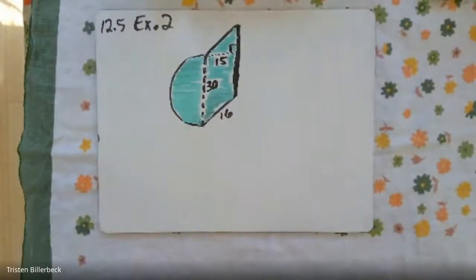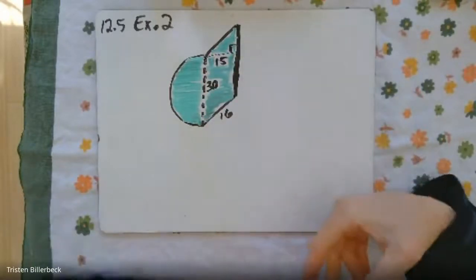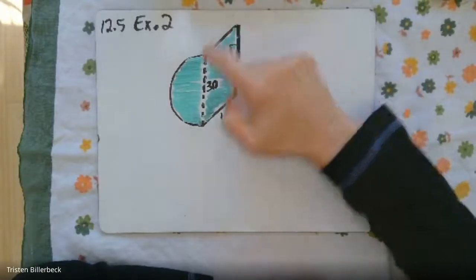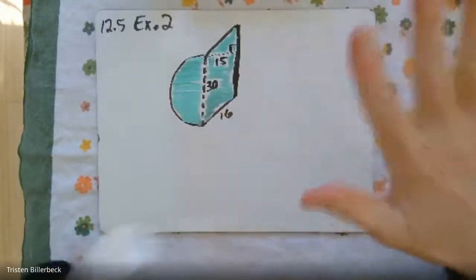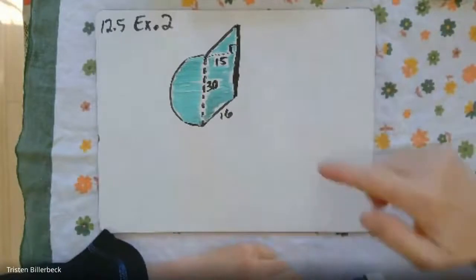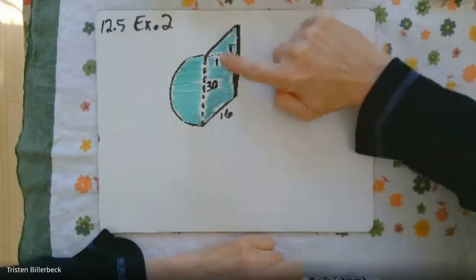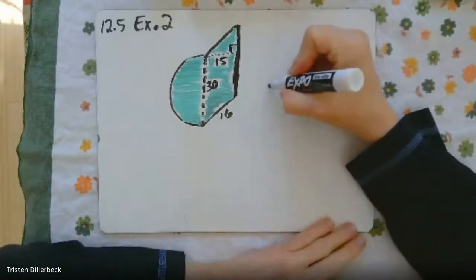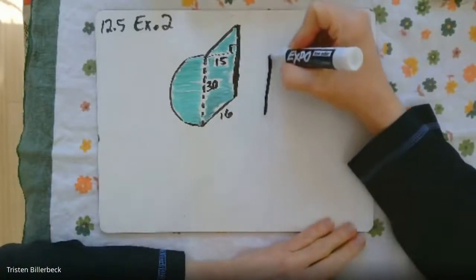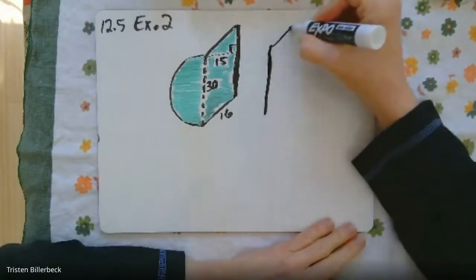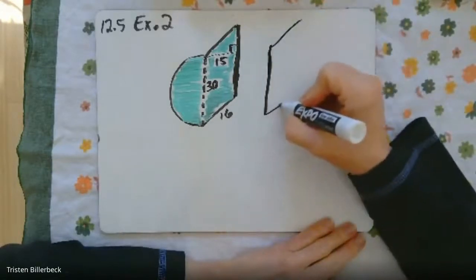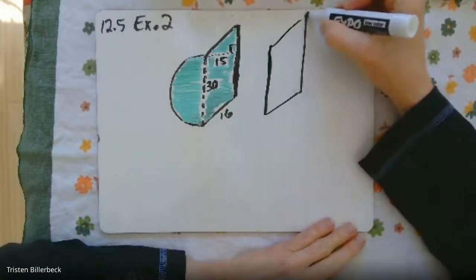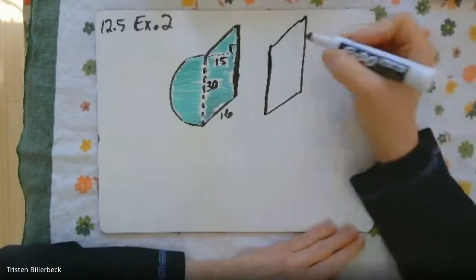All right, so this one, we could get really confused and say, oh, there's a trapezoid and a triangle and a semicircle. But really that's a parallelogram right there. So let's take the parallelogram out. You don't have to do this separate drawing. I'm just doing it for you so you can actually see the two shapes.